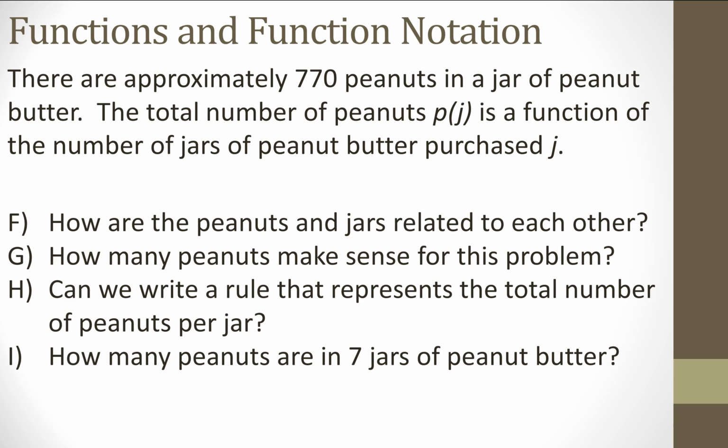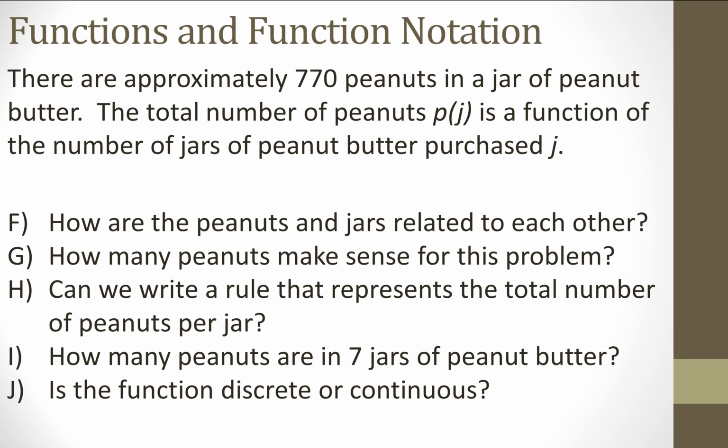So P of 7 would be equal to 770 times 7. And that is 5,390 peanuts. So P of 7 is equal to 770 times 7, or P of 7 is equal to 5,390. Boom.